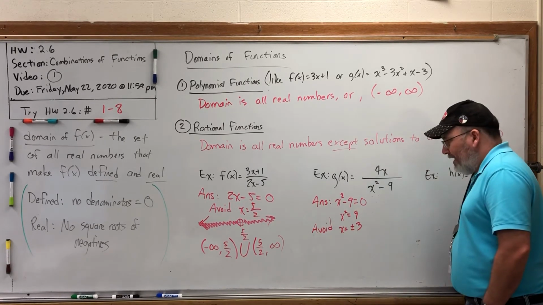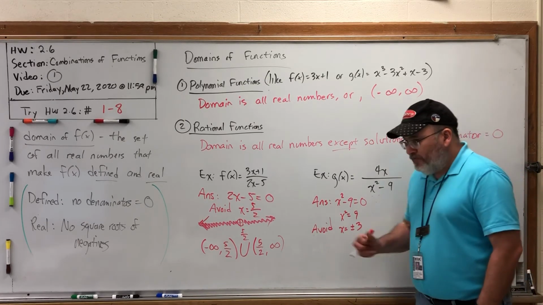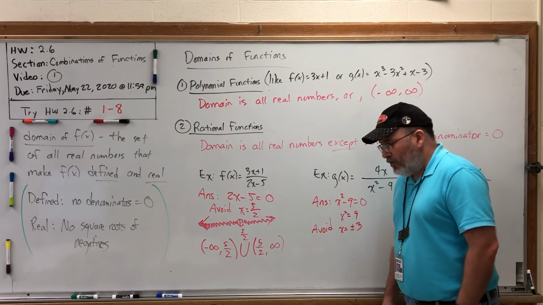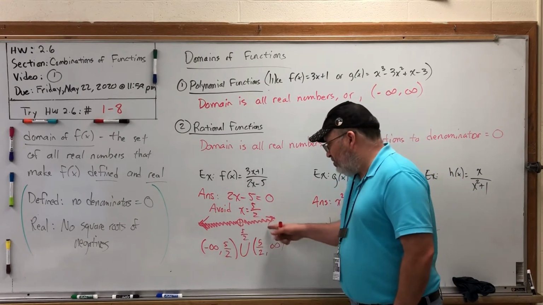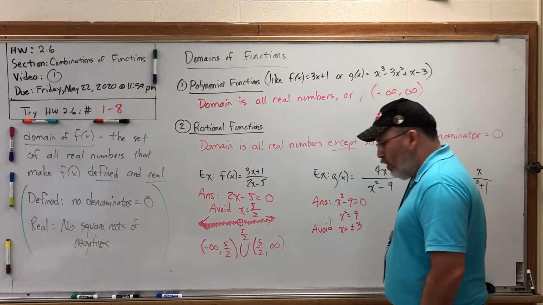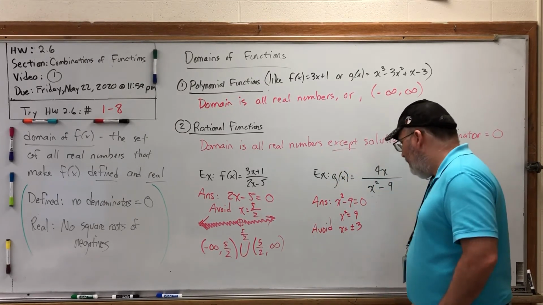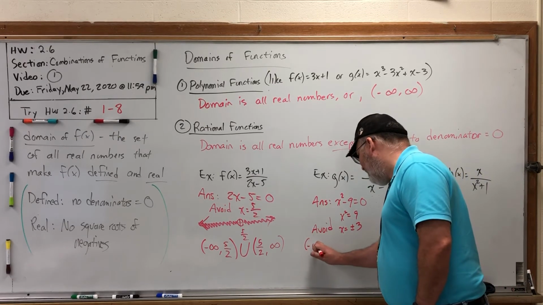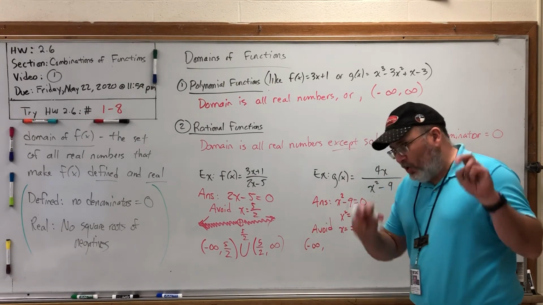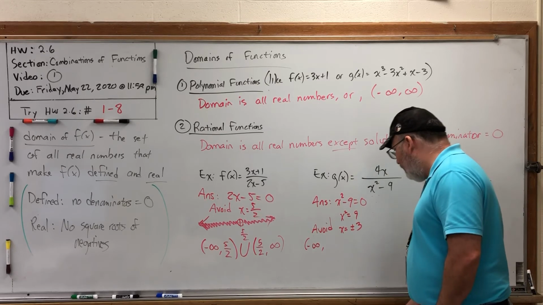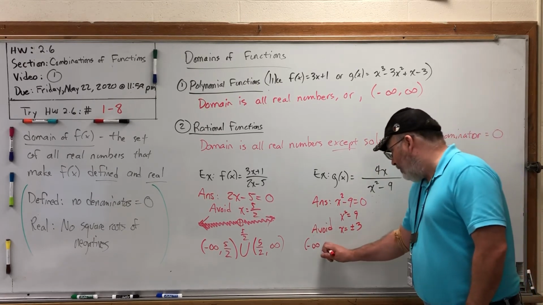So what would it look like if we took a number line and removed the negative 3 and removed the positive 3? Would it be partitioned into 2 intervals? Nope, 3 intervals. The first interval would start back at negative infinity, and I use the word start loosely. And the first number we would have to avoid is negative 3.